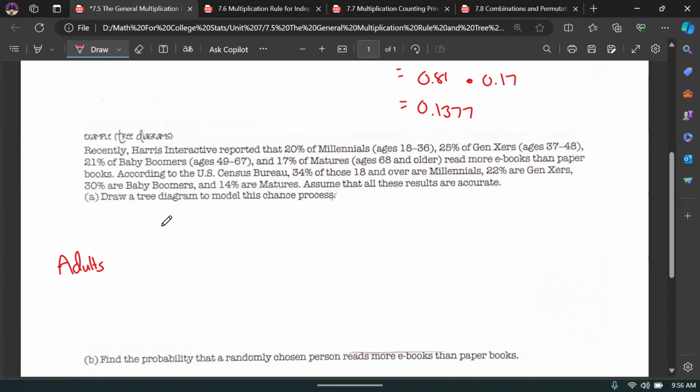According to the Census Bureau, this is how the adults break down. We have four types. We've got the millennials. How do you spell millennials? Double N. Millennials. Who else do we have? Xers, boomers, and matures.